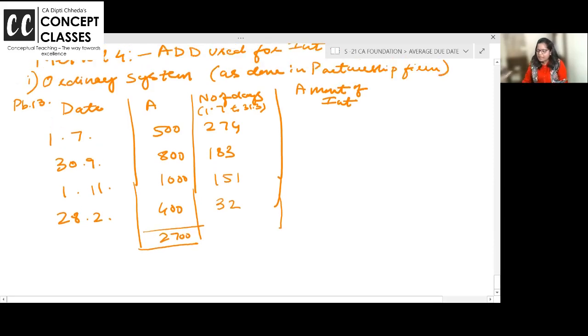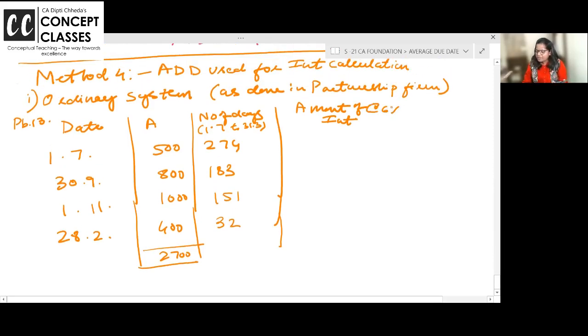Calculate and tell me at the rate of 6%. If you want, we can write 500 into 6% into 274 divided by 365, 365 because they have asked you to do so. So it is coming to how much? 22.52.